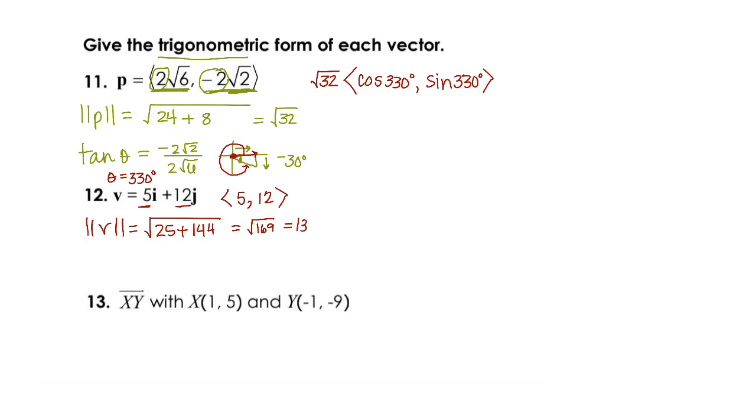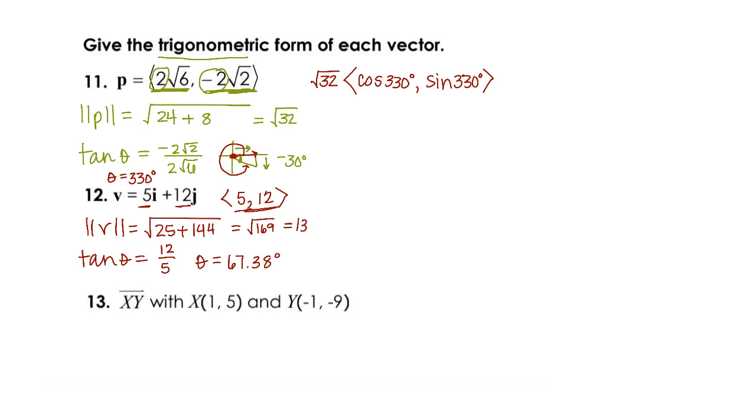And so now we need our direction angle. So again, we would say tangent of theta, and you can plot this if you want to. You're in the first quadrant. It's going to be opposite over adjacent. And so we're going to end up with inverse tangent of 12 over 5. And that's going to give us 67.38 degrees. And that is going to be our direction angle because you're in the first quadrant. And so for that one, we're ready to go ahead and write our trig form.